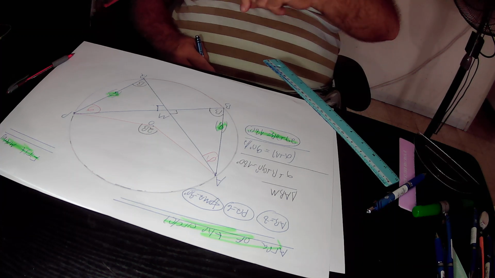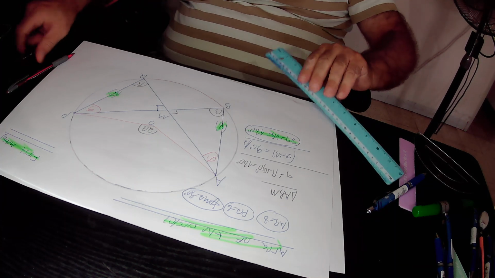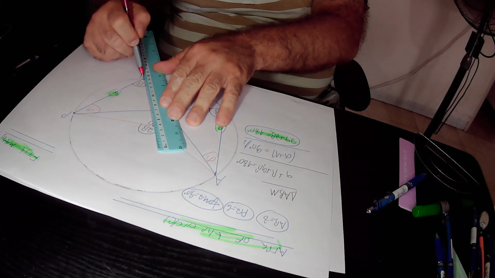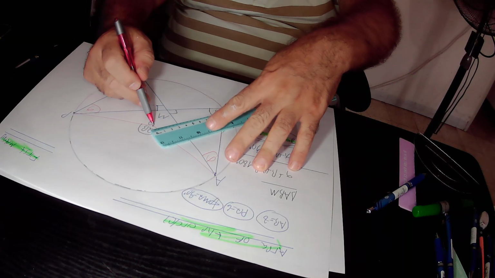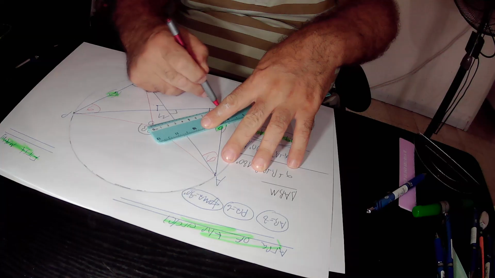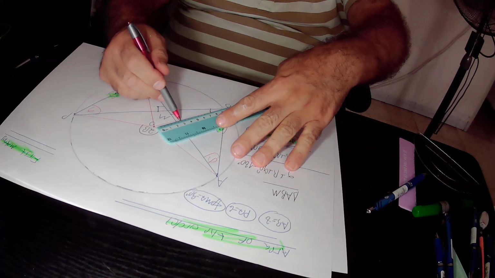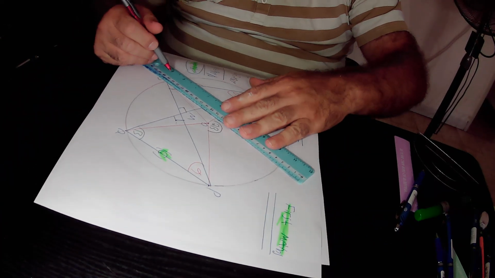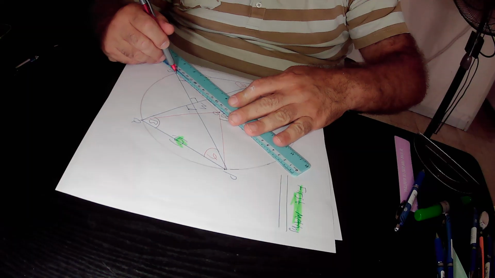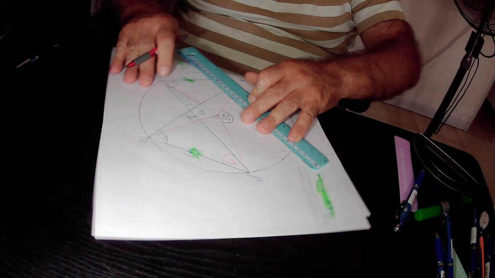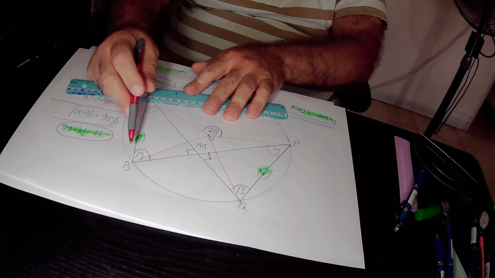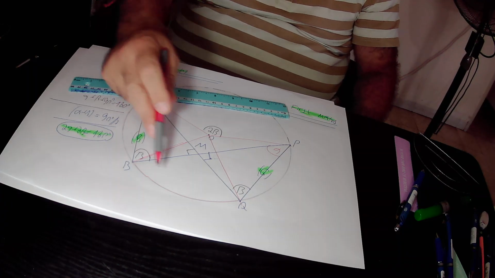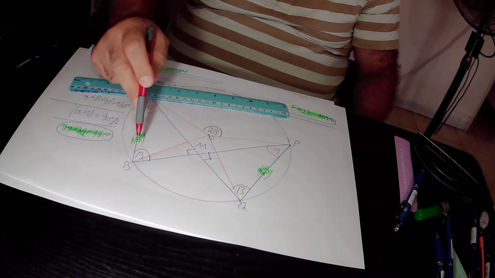Likewise, we get another central angle. This is central angle BOQ that subtends on arc BQ.